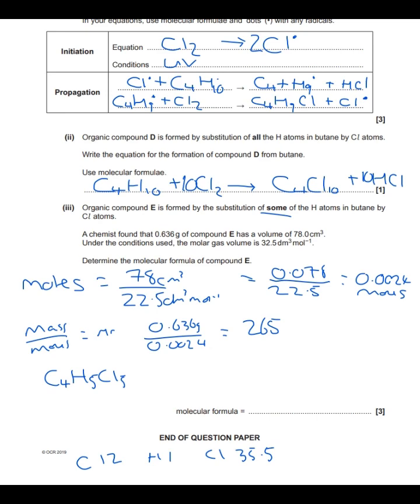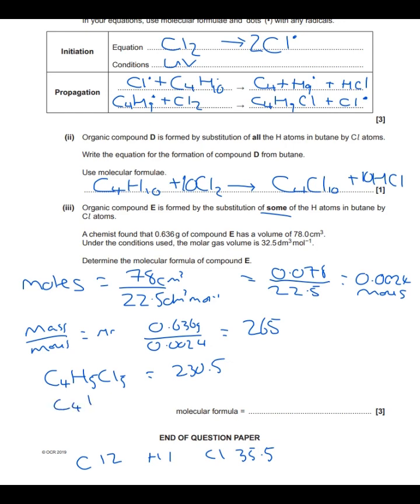So if we're to calculate the molecular mass of this one, 4 carbons is 48, plus 5 hydrogens, and 35.5 times 5, add that all up, that comes up to a molecular mass of 230.5, so that's not right. It needs to be higher, so I think we need to substitute more chlorines.